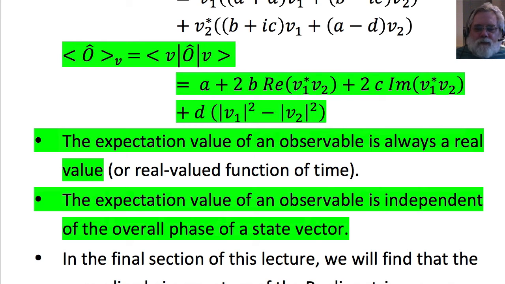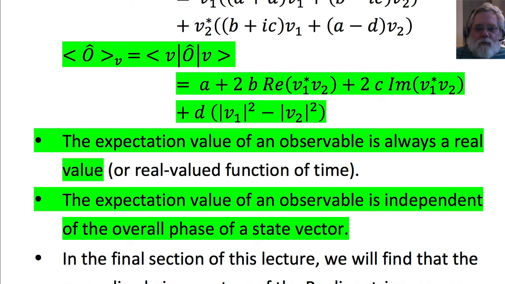The expectation value of an observable is independent of the overall phase of a state vector. The overall phase, so a phase applied to both V1 and V2, would cancel out of the magnitude squared, and it will cancel out of V1 star V2 because it's present in both, but one of them gets complex conjugated.